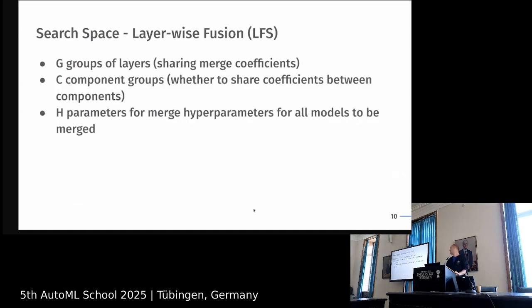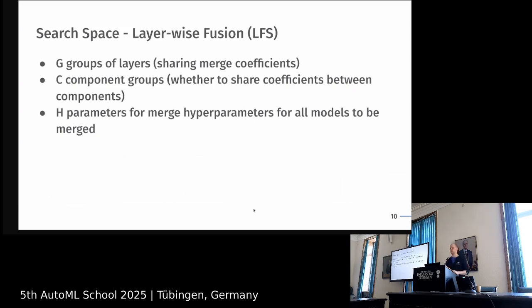Right, but of course for both of these, the big question is how large is the search space? Can we actually find something efficiently? So there will be lots of grouping here. One thing I haven't talked about yet is we can also make component groups. Even if we have the same merge parameters for the first 8 layers, we might still have 3 sets: one set for the layer norms in the model, one set for the attention weights, and one set for the feed-forward weights.